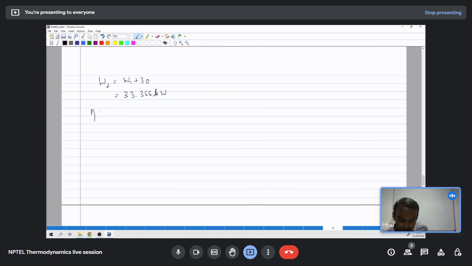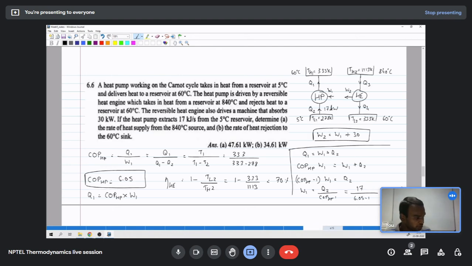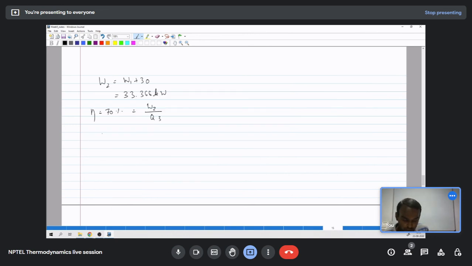I had efficiency as 70%, so that means efficiency is W2 by the heat transfer from the high temperature reservoir, which is Q3. So I can calculate Q3 as W2 by efficiency, which is 33.366 divided by 0.7. So Q3 is 47.66 kilojoules, sorry, kilowatt.